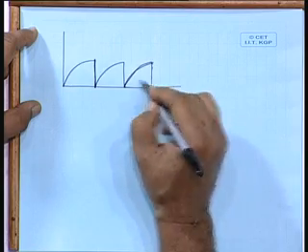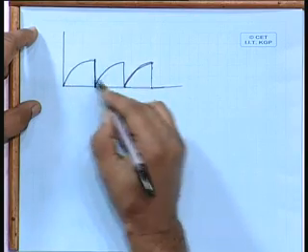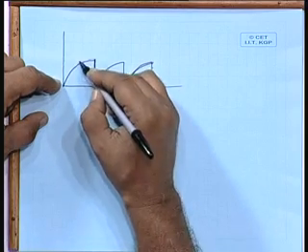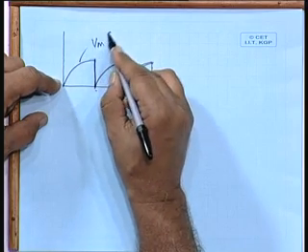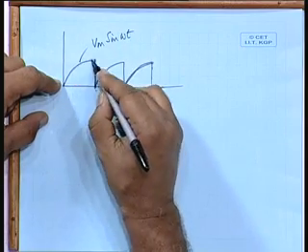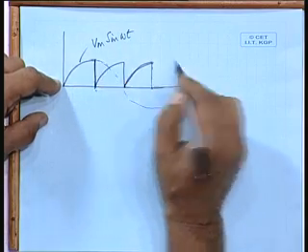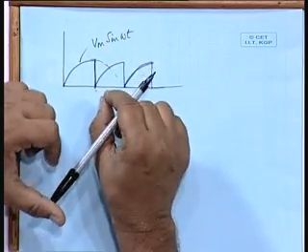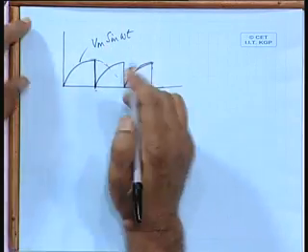Suppose these are parts of sinusoids, that means one quadrant, 0 to 90 degrees, we take. This is in the form Vm sin omega t. This is a part of the Vm sin omega t function, but then it is truncated and repeated. What will be the function representation?